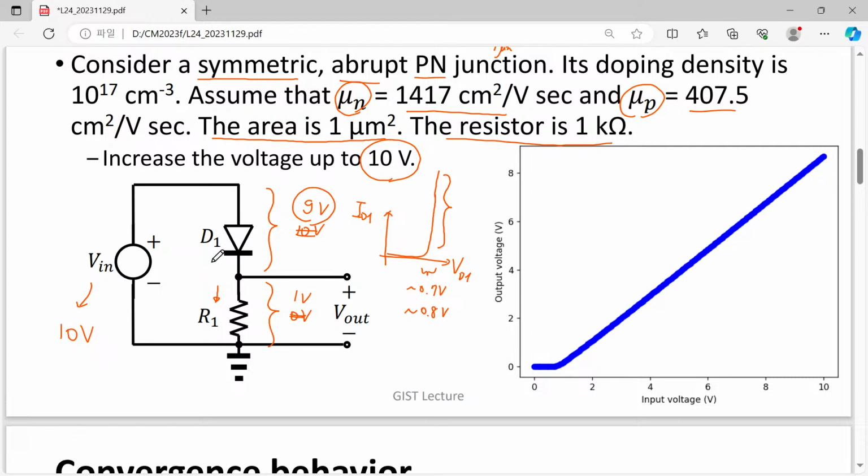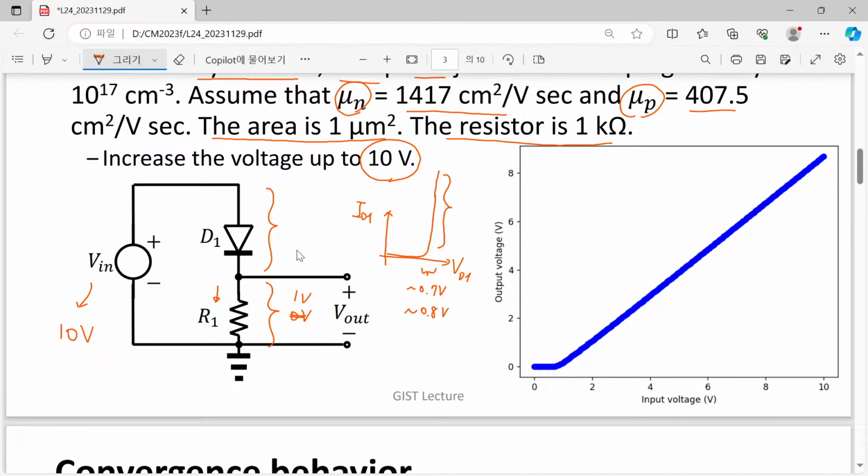What we can expect is that the diode voltage is around 0.7 or 0.8 volt for turning on the diode, and a little additional voltage is enough for working with this D1 diode, and the remaining voltage is assigned to R1, and R1 will drive a certain current.